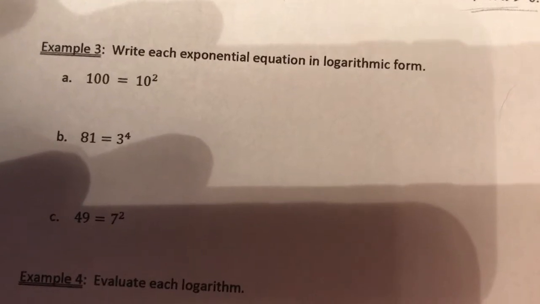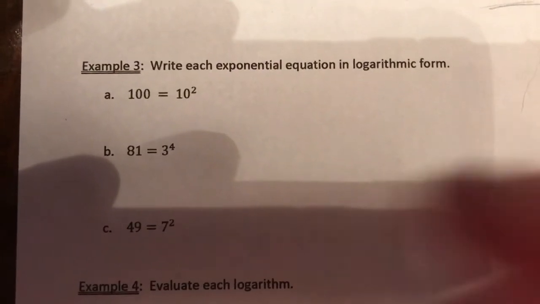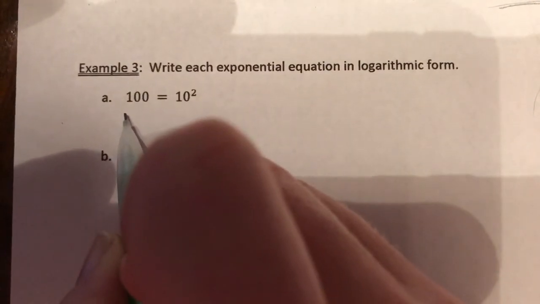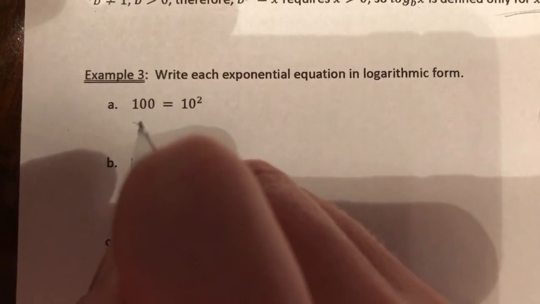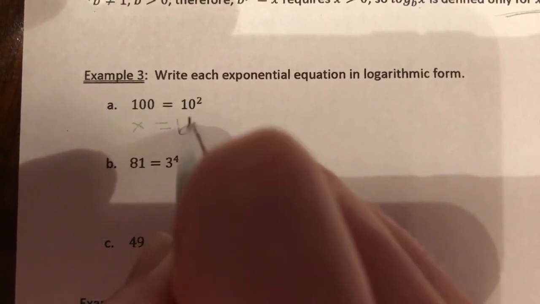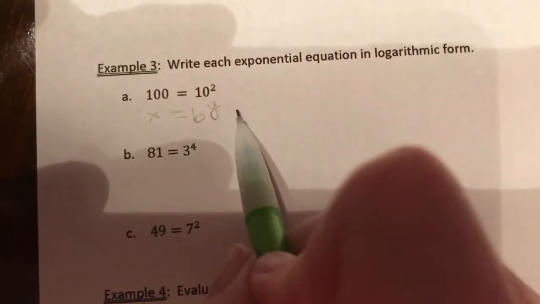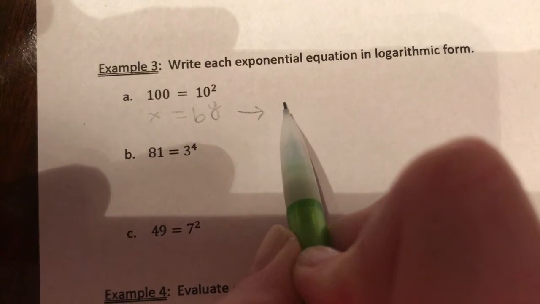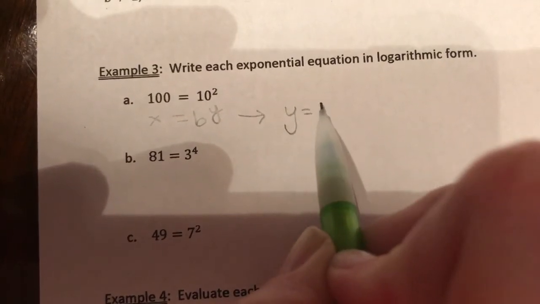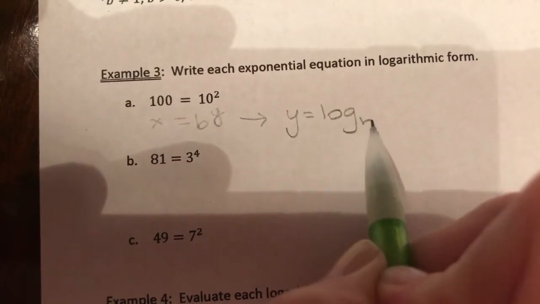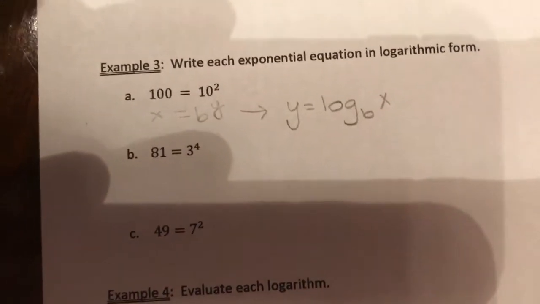Here's a few examples. Write each exponential equation in logarithmic form. So, in order to do that, let's write below x equals b to the y. And that goes back to what we had written up here. And we know x equals b to the y translates to y equals log base b of x.